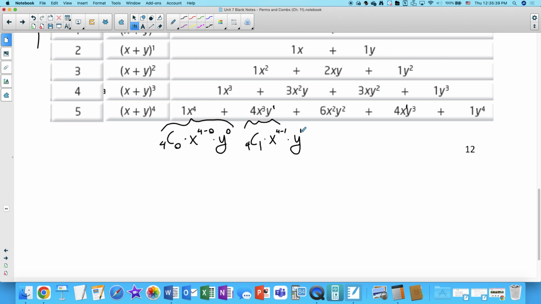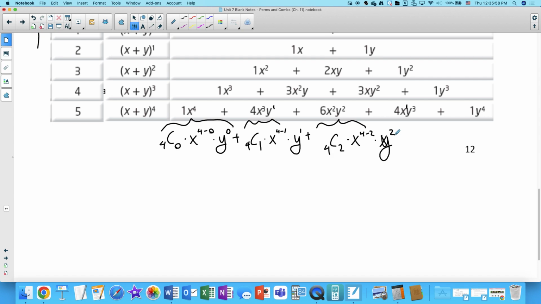Okay, 4 choose 1 is 4. This next term here is 4 choose 2. 4 choose 2 is 6 times x to the 4 minus 2 times y squared.